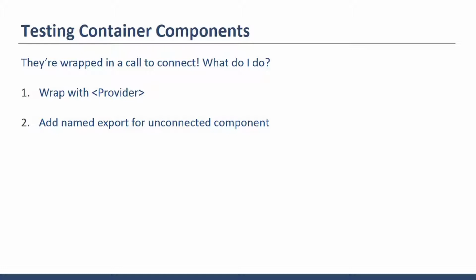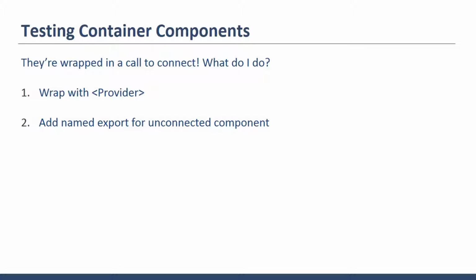First, you can wrap the container component with React Redux's provider component within your test. So with this approach, you're actually referencing the store, passing it into the provider, and composing your components under test inside. The advantage of this approach is that you can create a custom store for the test. So this approach is useful if you want to test Redux-related portions of your component.